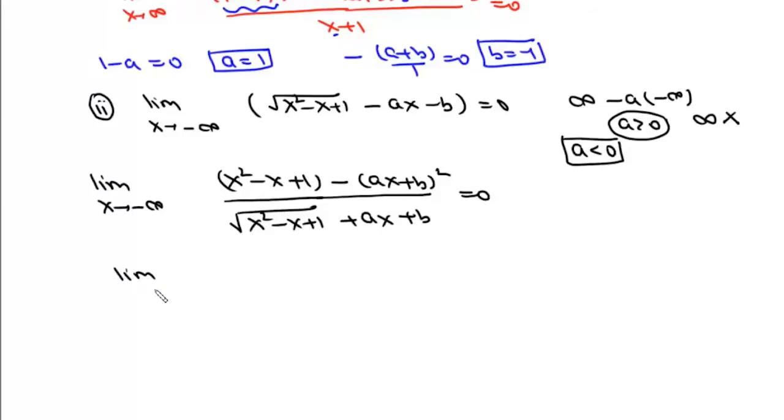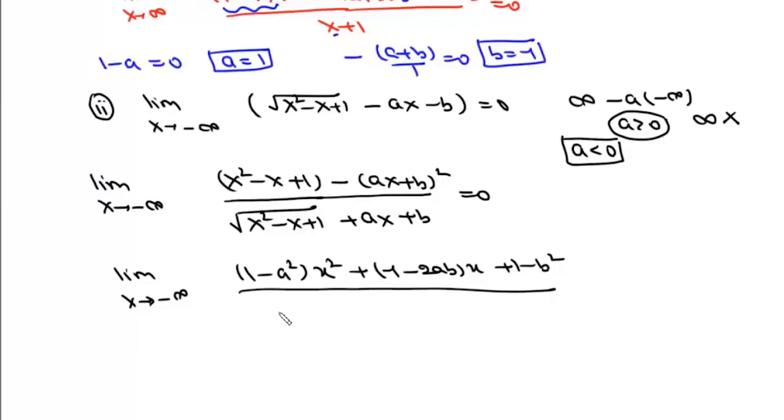Now we write this as limit x tends to minus infinite of (1 minus a square) x square plus minus 1 minus 2ab x and plus 1 minus b square upon under root of x square minus x plus 1 plus ax plus b, and it must be equal to 0.